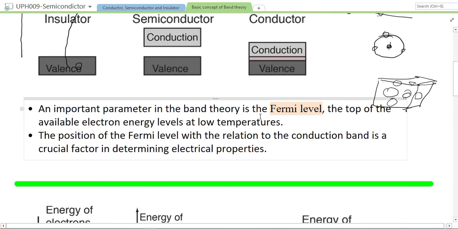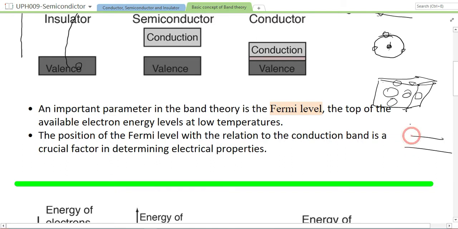Another thing in this whole discussion is something called the Fermi level. The Fermi level is the level up to which, at 0 degree Kelvin, the electrons can fill up. So you have an atom and it has different energy levels.